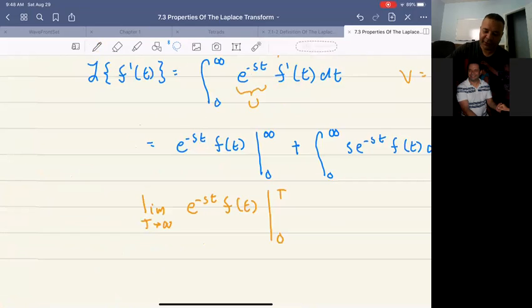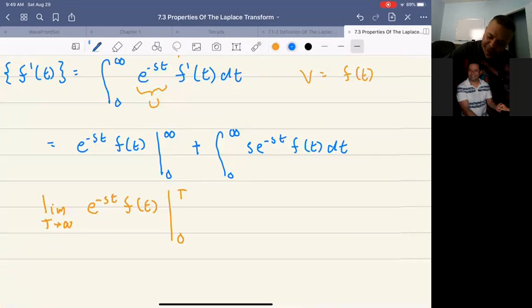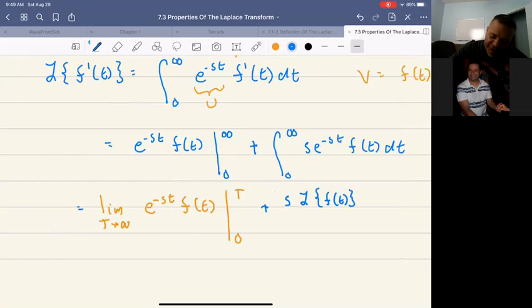Okay, we're back. So, let's keep that part. This part, I want you to notice, is just the Laplace transform. So here we're going to get s times the Laplace transform of f of t. This part we're still working on.